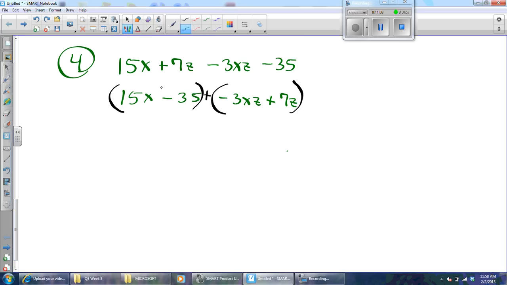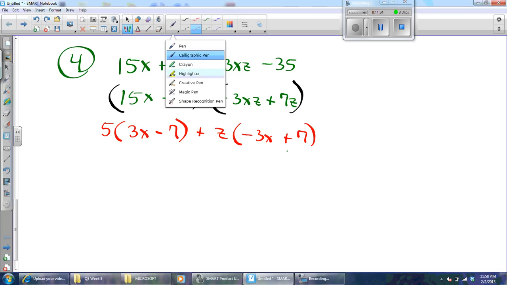Okay, my GCF here looks like it's going to be 5. Pull out a 5, and I'll be left with a 3x and a minus 7. Now, here my GCF is z, so I'm going to pull out a z. And I'll be left with a negative 3x plus 7. Hey, that doesn't work. Those don't match. Something's wrong.